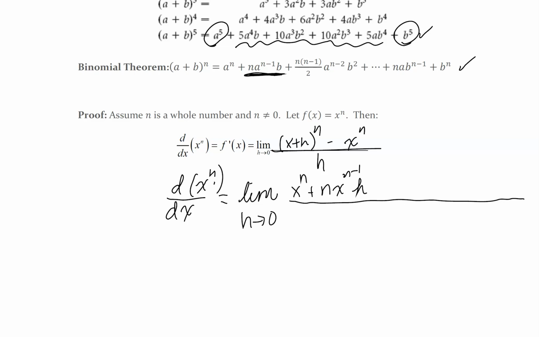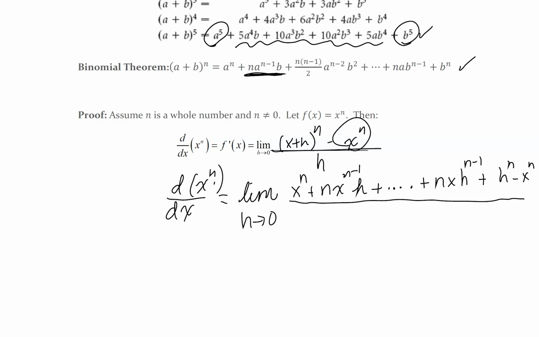There's your a, x is your a, and h is your b, plus a bunch of stuff in between, plus n x h to the n minus 1, plus lastly h to the n power, and then all of that minus x to the n.